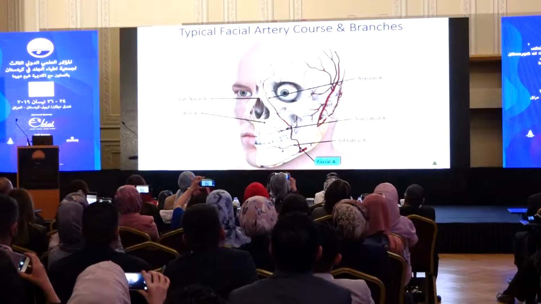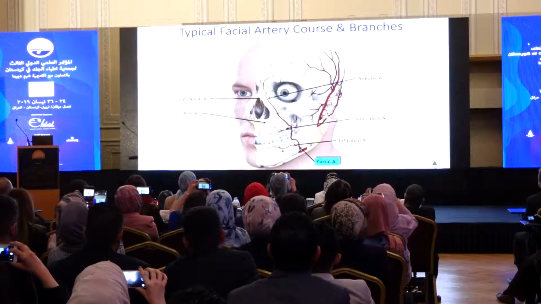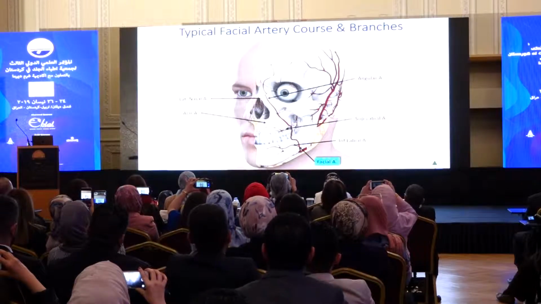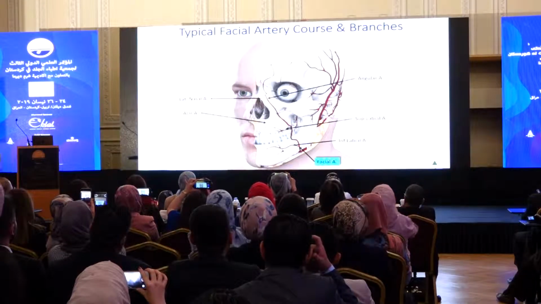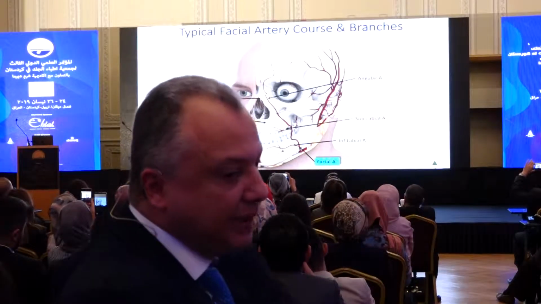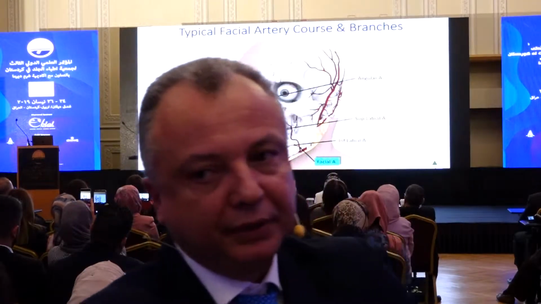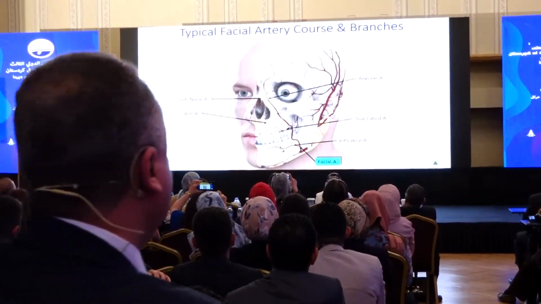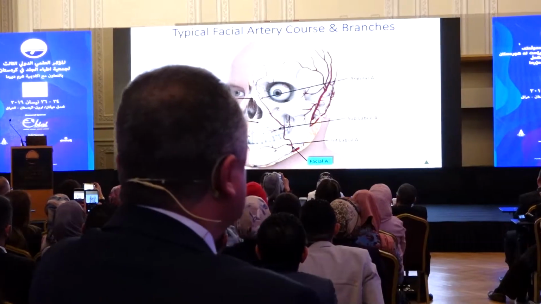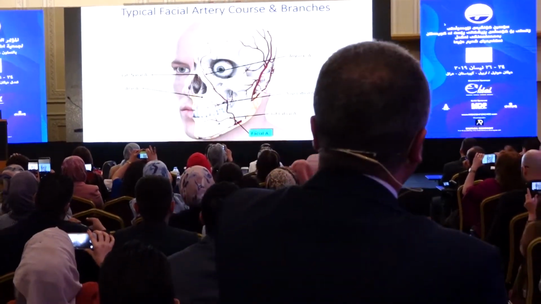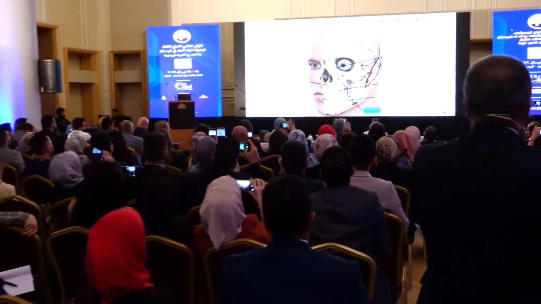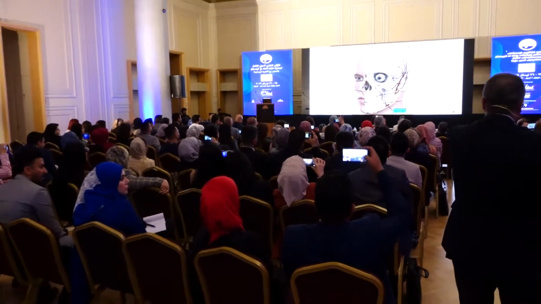When I'm talking about the facial artery, we have the typical branches. From down to up, we have inferior labial artery, superior labial artery, we have the alar artery at the nasolabial area, we have the lateral nasal artery, and then it ends as angular artery.